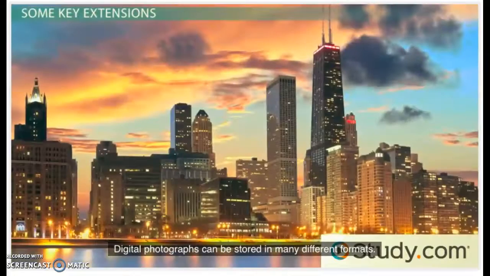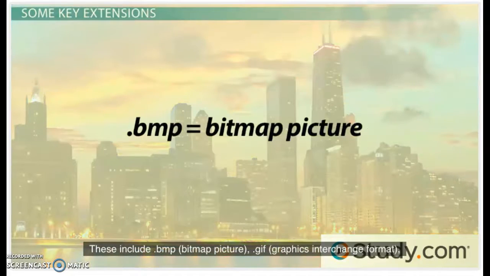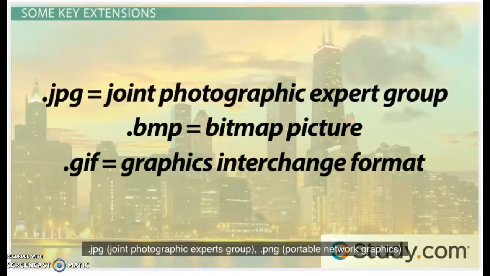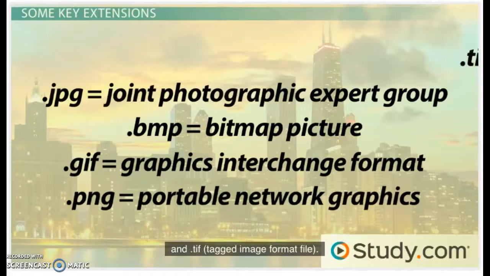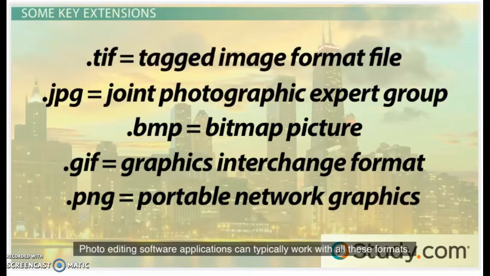Digital photographs can be stored in many different formats. These include .bmp, bitmap picture, .gif, graphics interchange format, .jpg, joint photographic experts group, .png, portable network graphics, and .tif, tagged image format file. Photo editing software applications can typically work with all these formats.